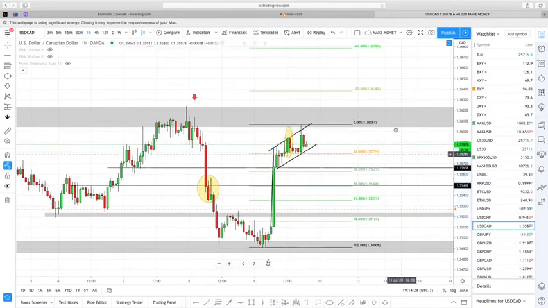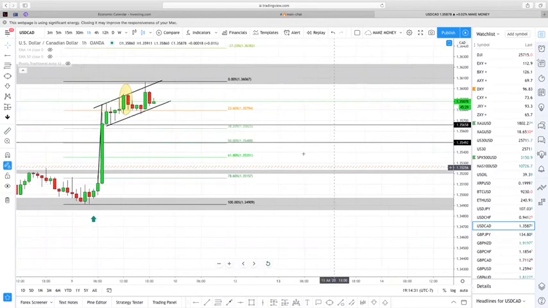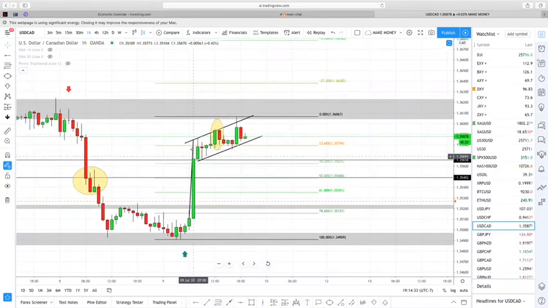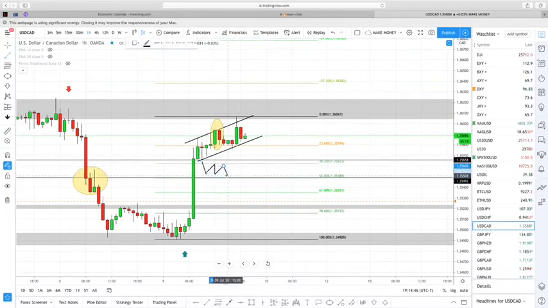It'd be different if price was up here and price did its impulse, but then price started flagging down like this. Okay, this would be a bearish continuation flag, and then your flag will look like that.